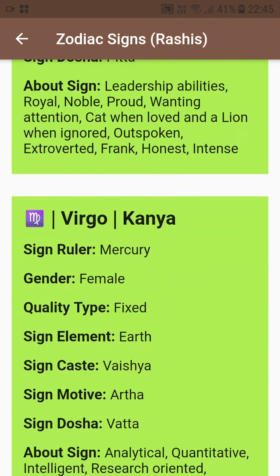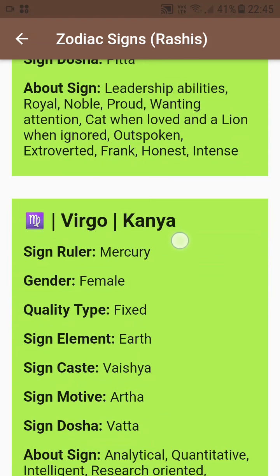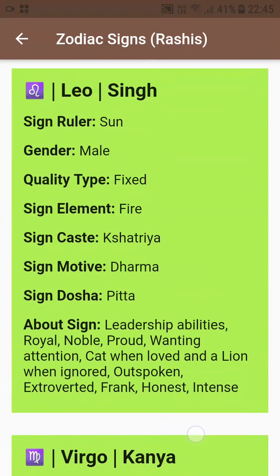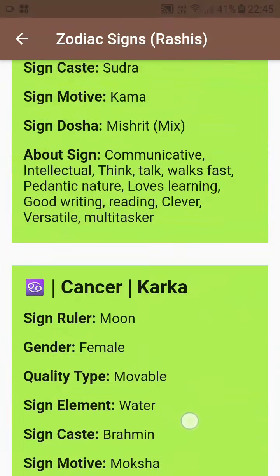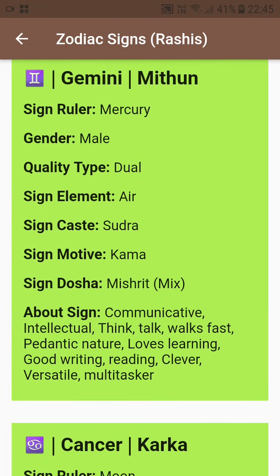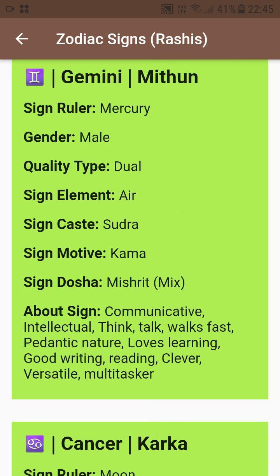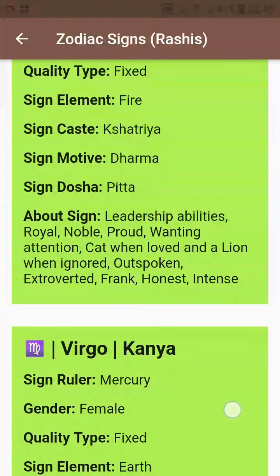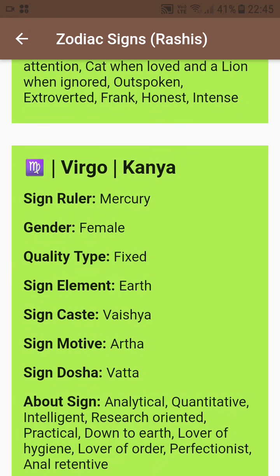The sixth sign is ruled by Mercury, and now it's an earth sign. The first sign ruled by Mercury was an air sign, and it was dual in nature. But if Mercury is placed in Gemini, it will act differently than being here in Virgo, because this is a different environment for Mercury, right?